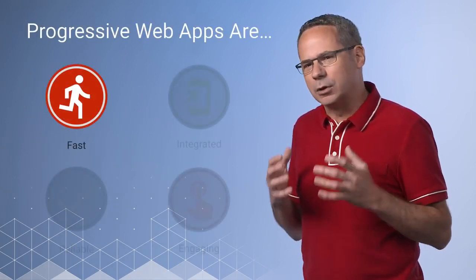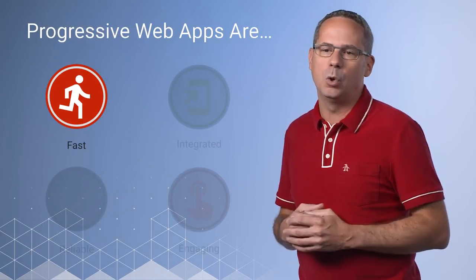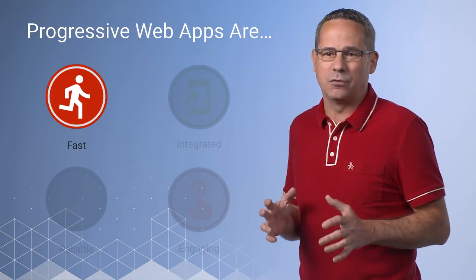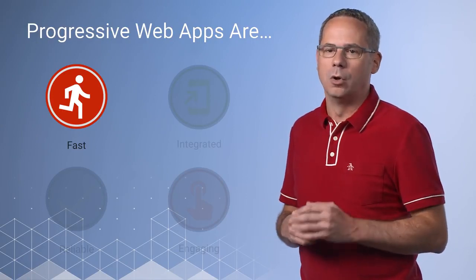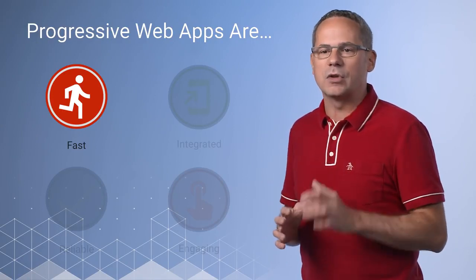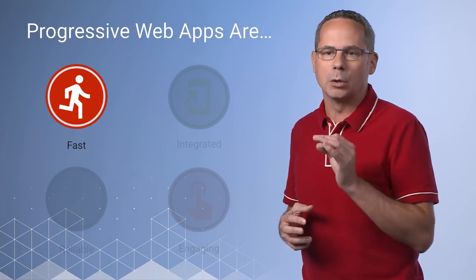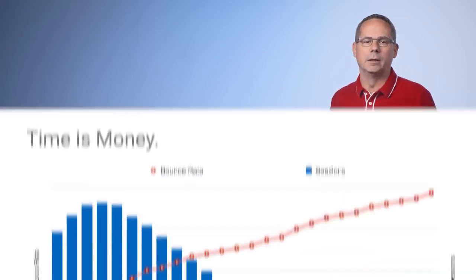Users expect apps to load quickly and to have smooth scrolling. Unfortunately, the web has a bad name for this, especially on mobile. For now, let's focus on load performance, which means making sure that your web app loads fast. Now, this isn't just esoteric. We all know that time is money.